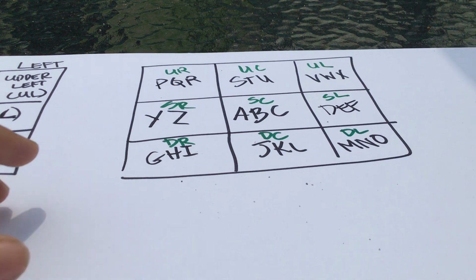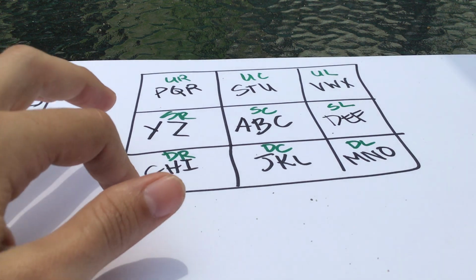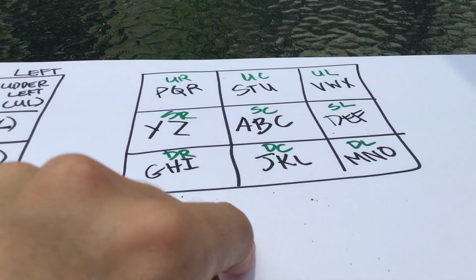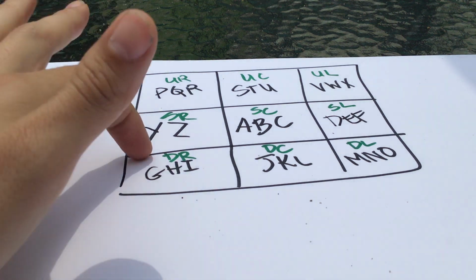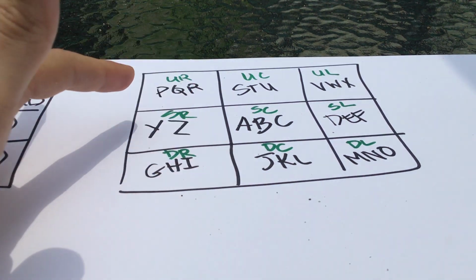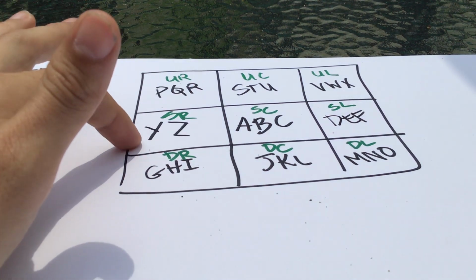The way the code works is that these are basically 1, 2, and 3. And for Y and Z, there is no number 3. So for this one, it would only have SR1 and SR2.